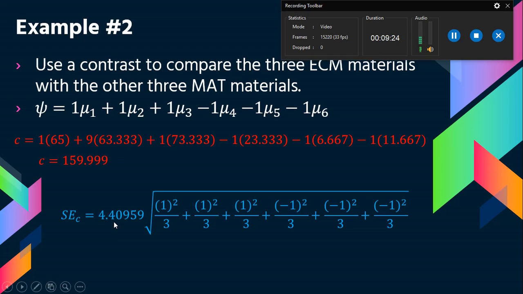So we're using our pooled standard deviation obtained from our iPad. All the sample sizes are 3. If they weren't all 3, each of these denominators would be different and it would be dependent on that particular sample size. And in the numerators, I have my 3 positive coefficients and my 3 negative coefficients. So if you plug all that into the iPad, we have a standard error of 6.2361.